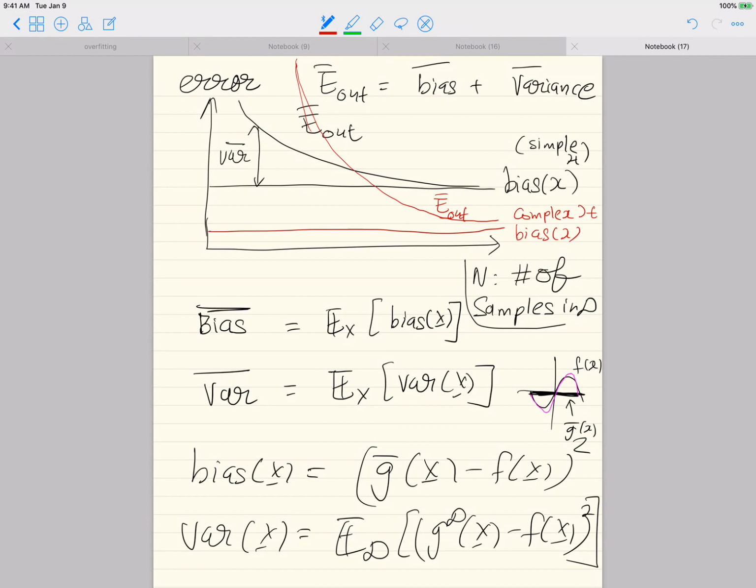So for any n, the variance in the complex hypothesis class will be much higher than for the simple hypothesis class. But eventually, if you had a lot of samples, then the complex hypothesis class will win because now the variance can be made as small as you like. Its bias was small to begin with, so you will converge to a smaller out of sample error.